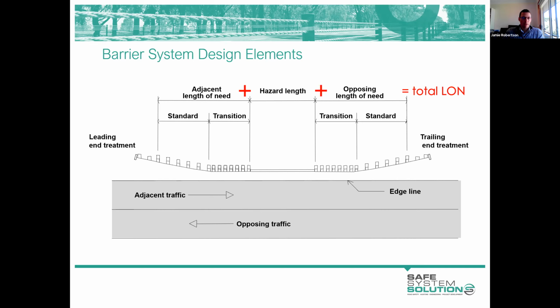And your total barrier length is your total length of need plus a bit more. You need to think about these bits of your terminal, or it might be the entire terminal length in the case of wire ropes, which are beyond your points of redirection. I hope that makes sense.